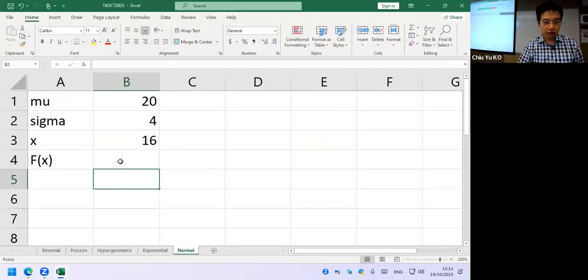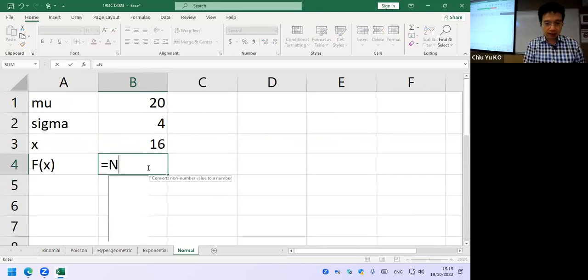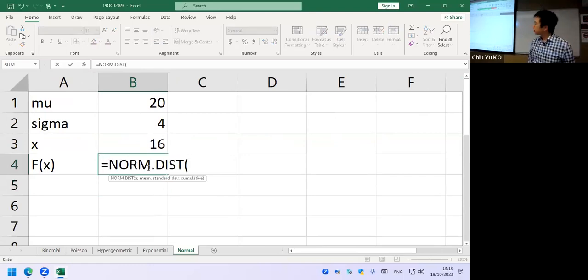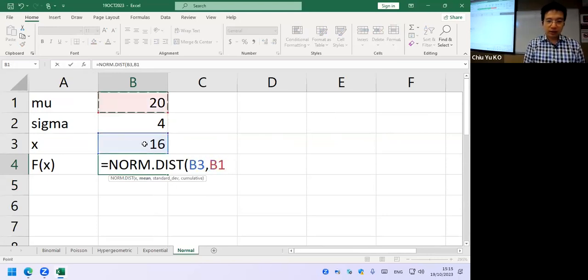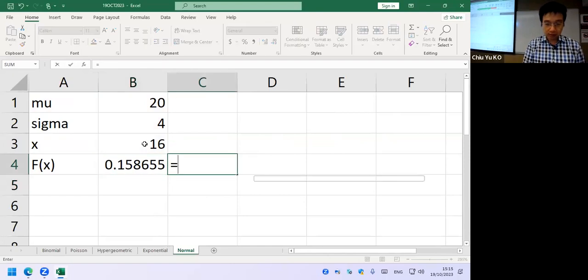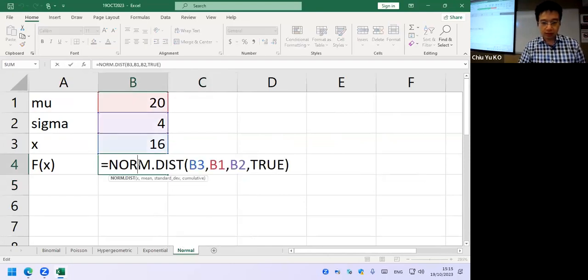Okay, so it's very simple. Just norm of B3, right? And then the mean and SD, and then true. And that's it. Then we're done. Okay, so that is the answer. Now you see, very simple. That's what we need.